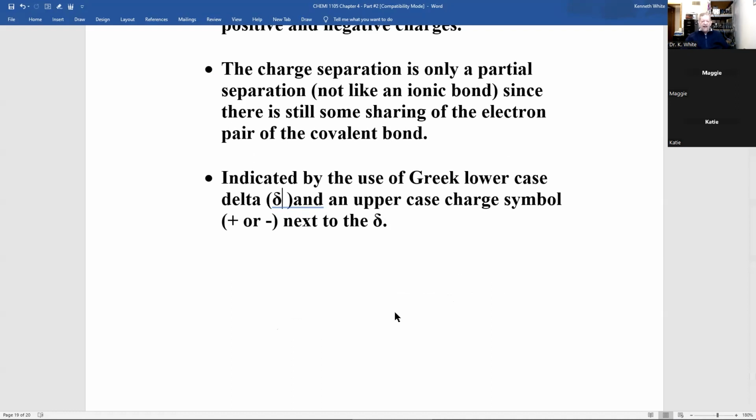So I have water. Now, I'm going to do it this way, not showing the valence electrons. What this means is this bond, the electrons in a line, shows there's a covalent bond.